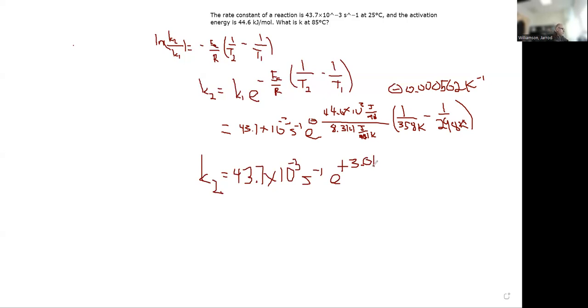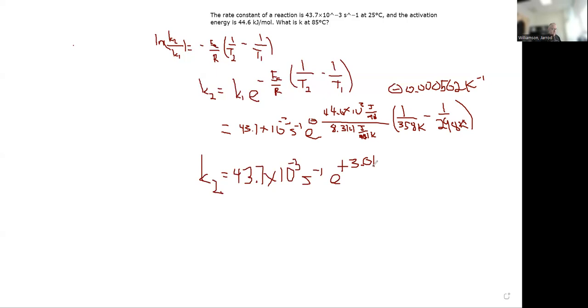Some of you guys might get 3.02, but try and get this on my calculator. So let's go e to the 3.01. That's going to give me 20.2.